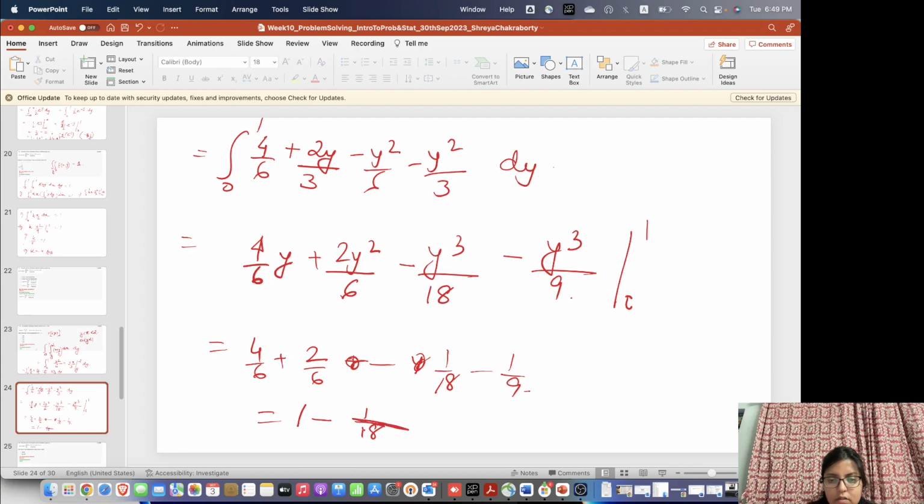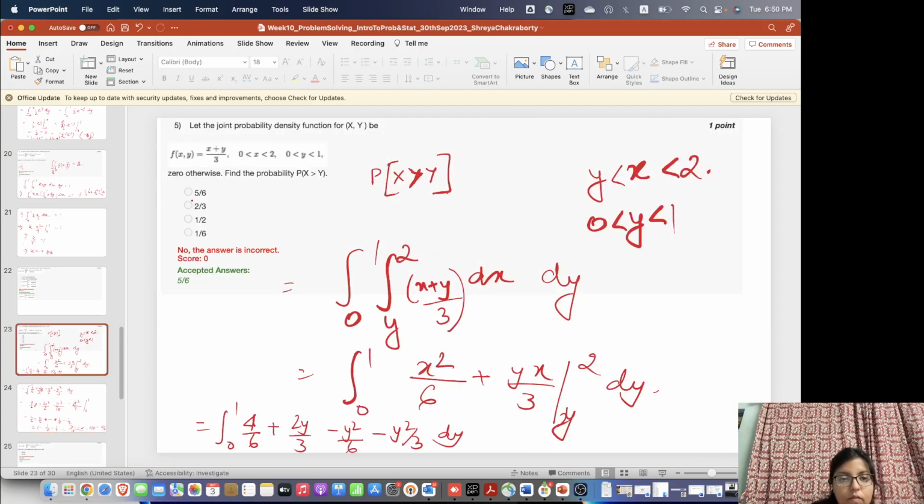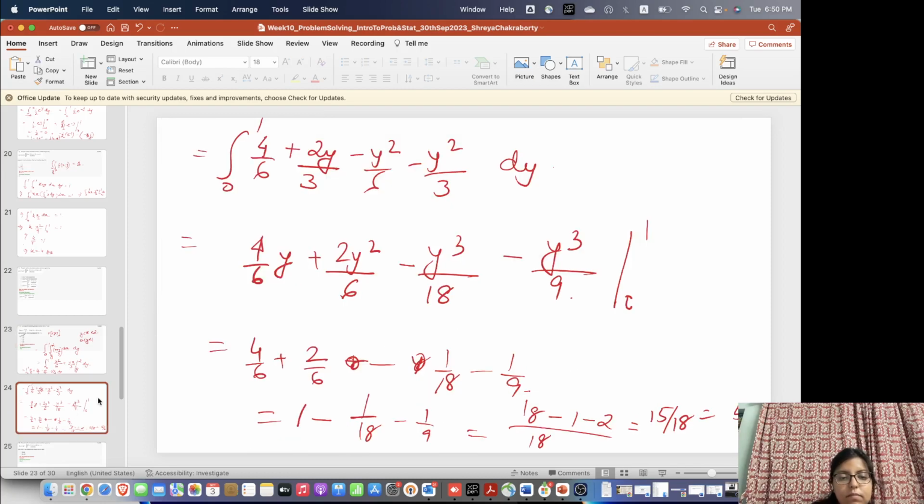So here this is 18, 1 by 18 minus 1 by 9, so this would be 18 minus 1 minus 2. So this would be 15 by 18, that is 5 by 6, and the answer is 5 by 6.